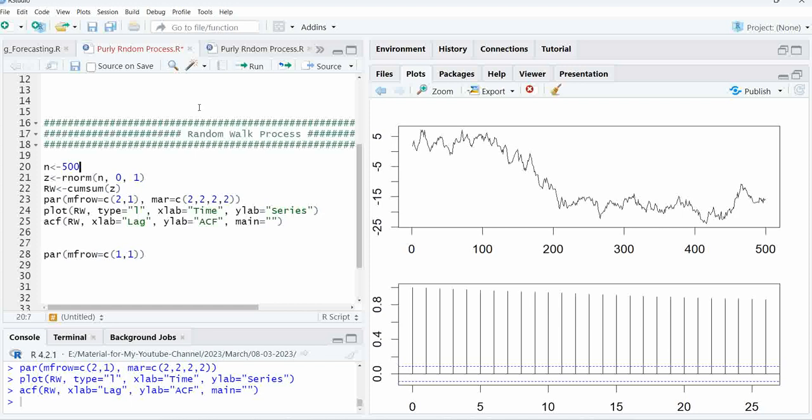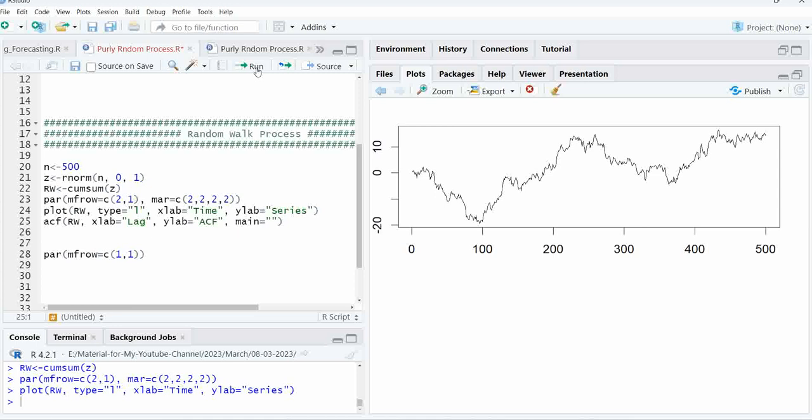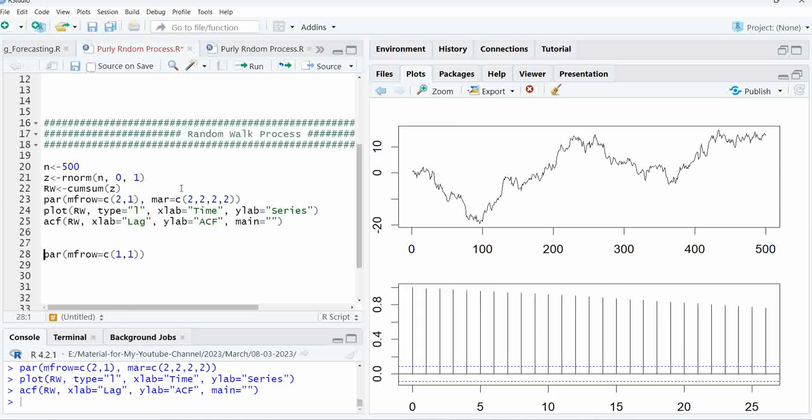Let me generate the values again and then see. Look, the graph is now different because this is the cumulative sum of the purely random process, so it is not necessarily the same. It is now changed.